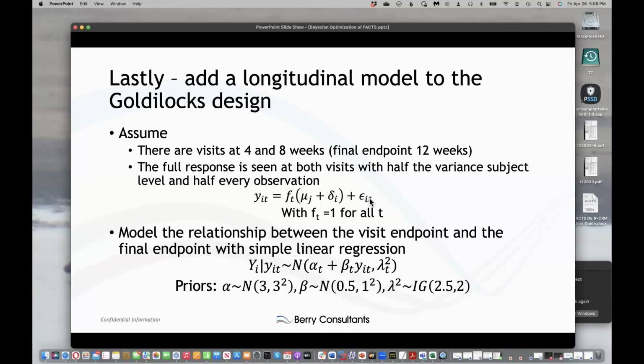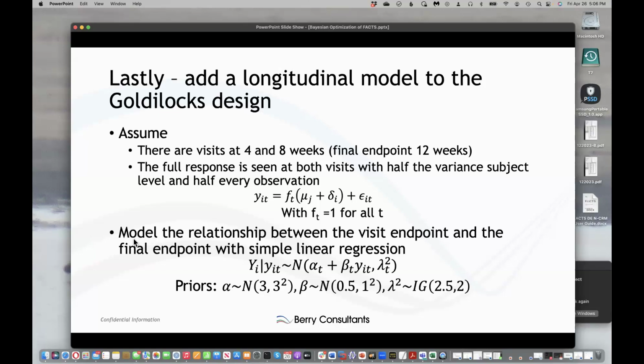I've simply split the overall variance 50-50 between those two. So we've got a standard deviation of 3 in the overall endpoint, so a variance of 9. We'll have a variance of 4.5 for this term and a variance of 4.5 for this term, so effectively they'll have standard deviations of just over 2.